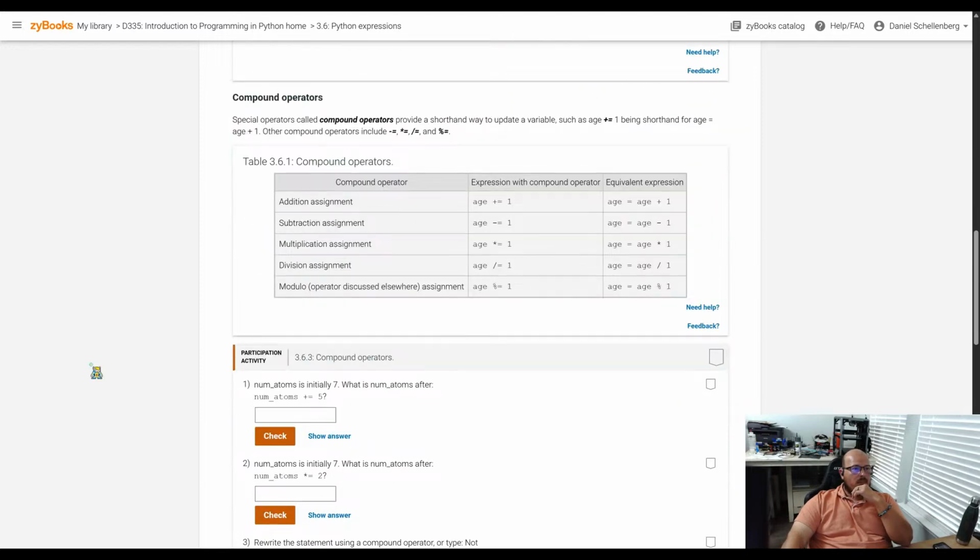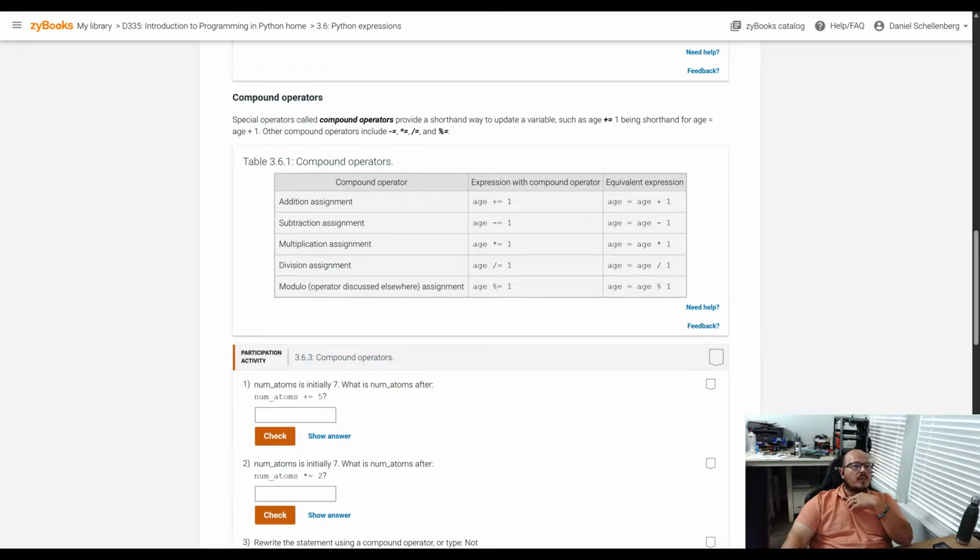Okay. Special operators called compound operators provide a shorthand way to update a variable such as age plus equal 1. So being shorthand for age equals age plus 1.